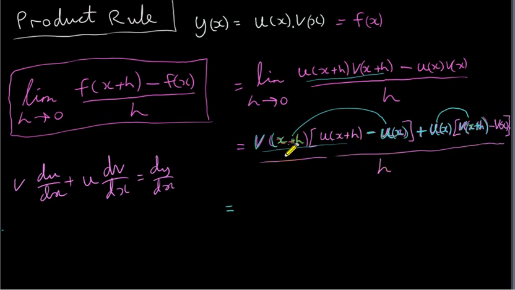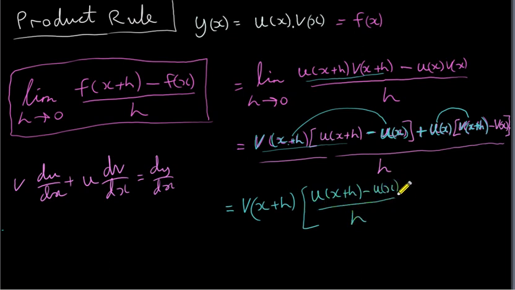The next thing we do is bring in Newton's quotient. So what we do is we factorize this. Well, actually, we don't factorize it. We write it as two fractions. So we split it into two fractions, and we just factorize v of x plus h out of this.